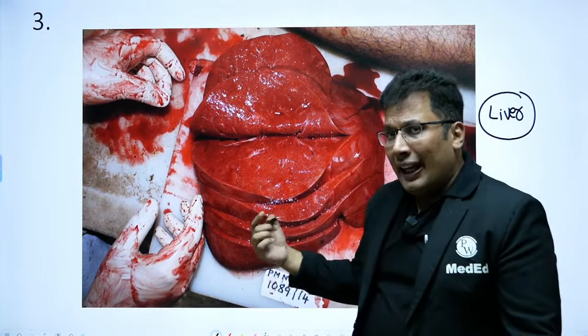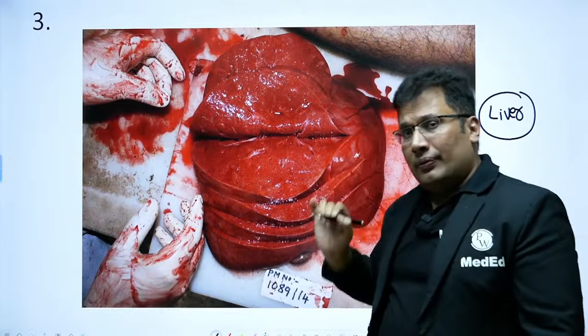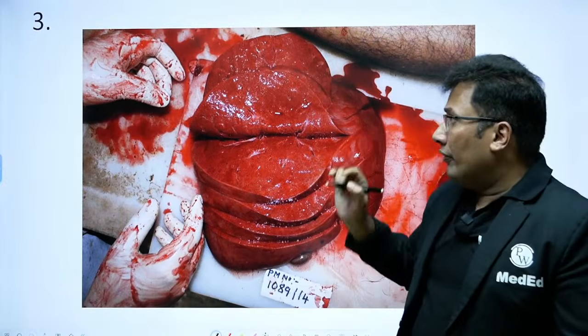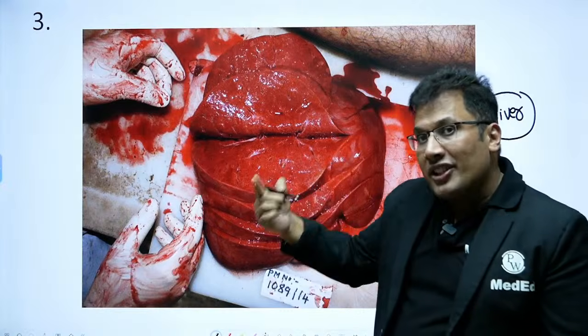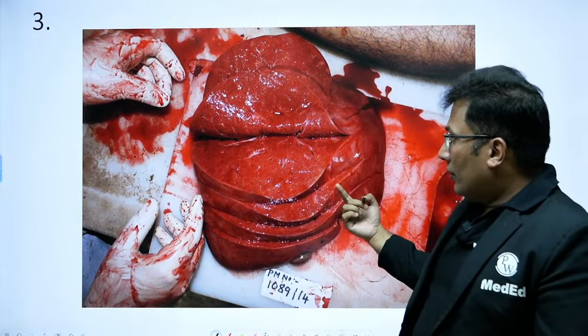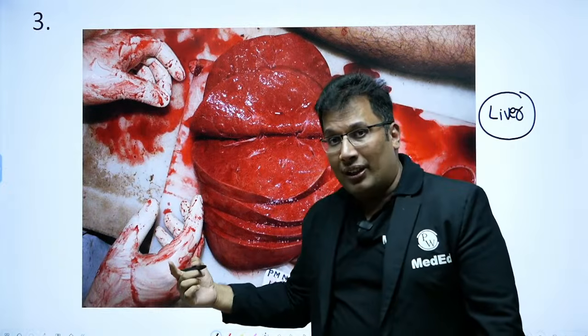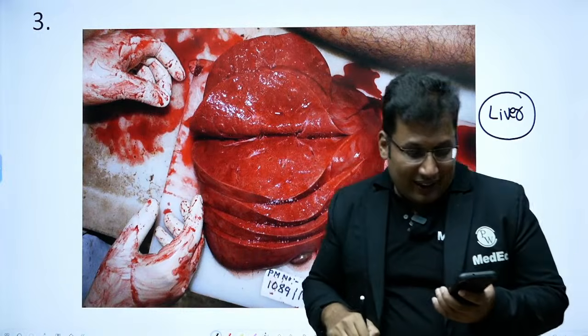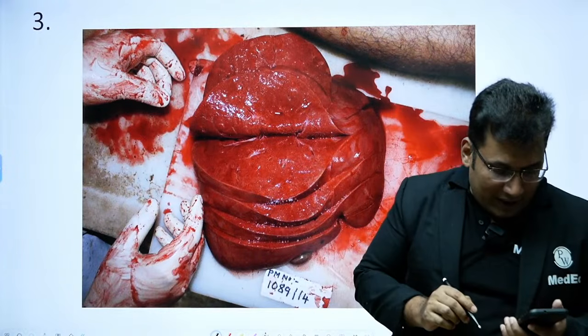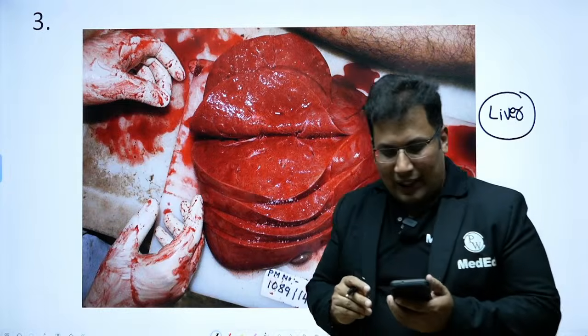My PG is telling, sir, normal liver, but I am telling it is not a normal liver. It is something else. There must be some poison. By looking at the liver, the color of the dead body, and the postmortem staining, I suspect some poisoning here. What is this? What is this known as?